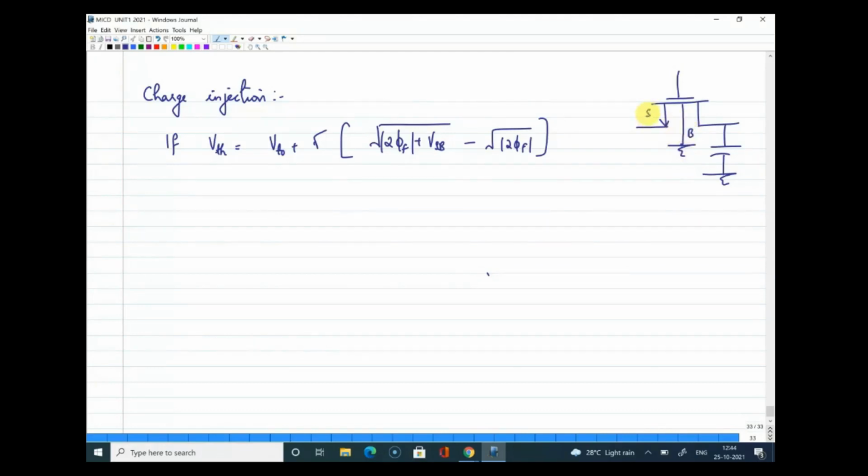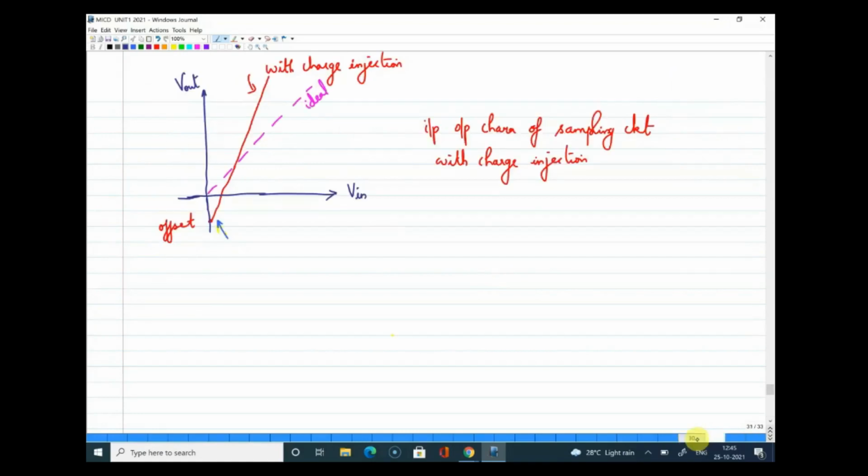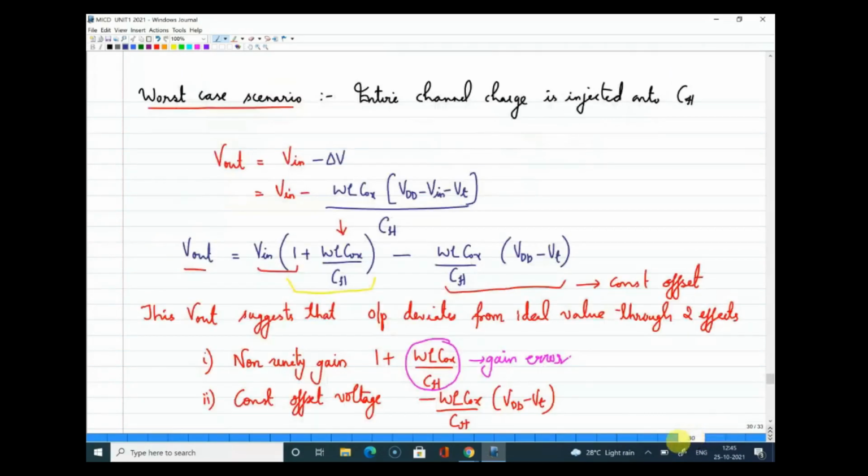What will be your VSB in this case? VSB will be equal to Vin. If I'm connecting Vin here, your VSB is equal to Vin. Now, if I write the output voltage as per the previous expression, Vout is Vin into this term. This is the Vout expression.